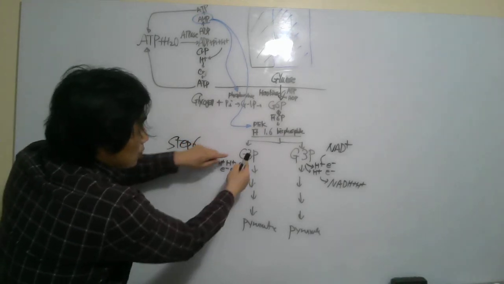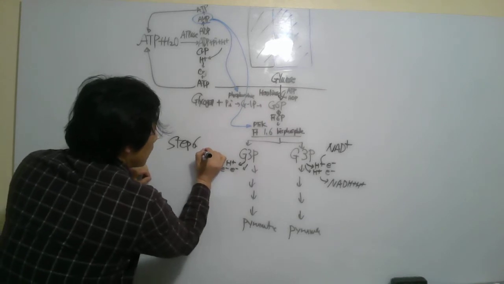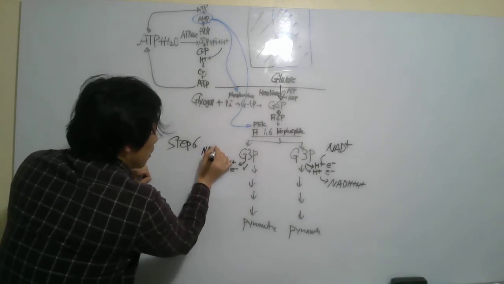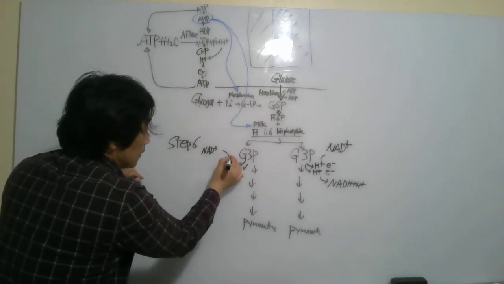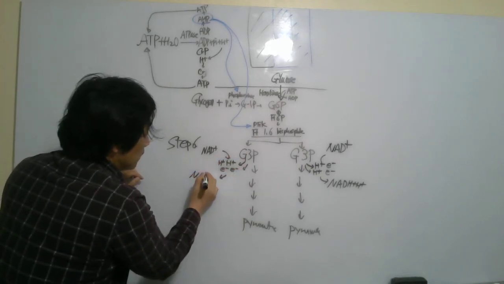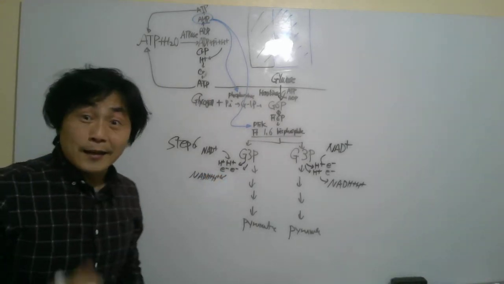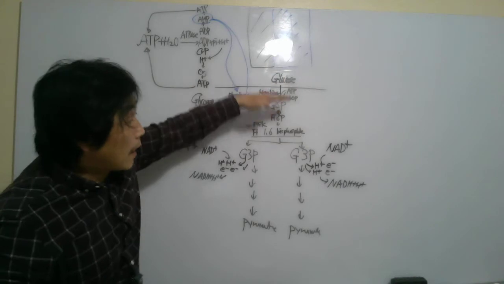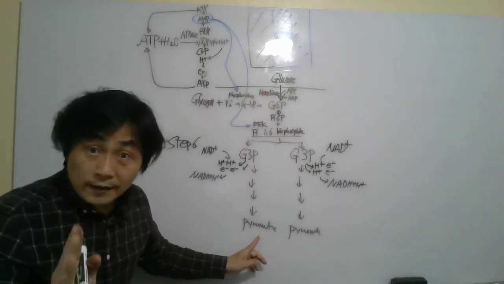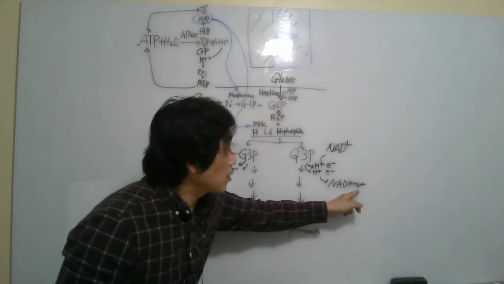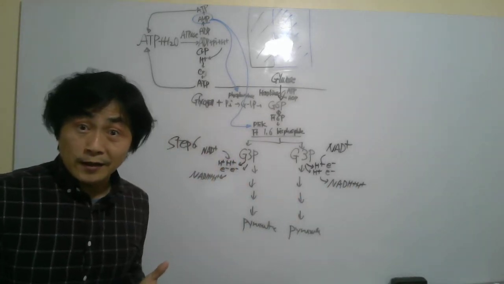G3P releases 2 protons, 2 electrons, which is why NAD plus comes to receive them and becomes NADH plus proton. Does it make sense? So the product of glycolysis is not only pyruvate, NADH plus proton is a product too. Is it right?